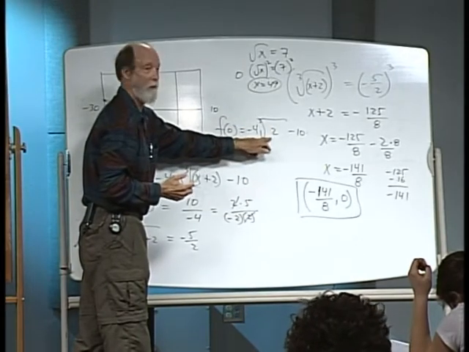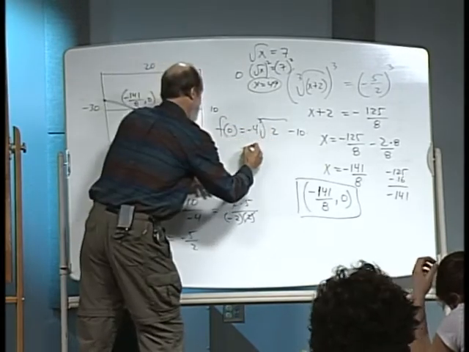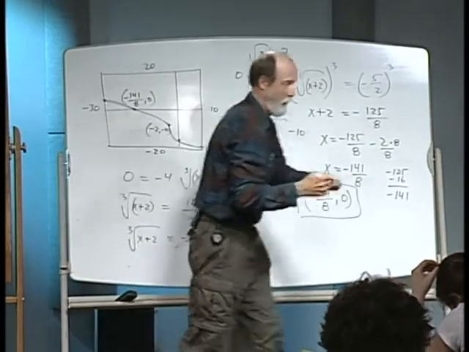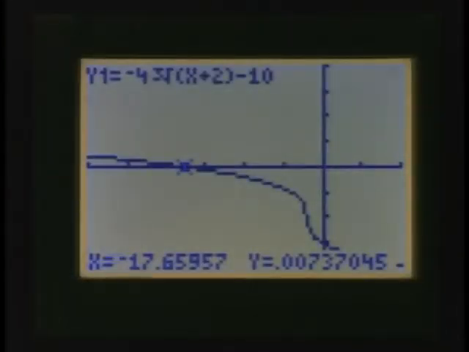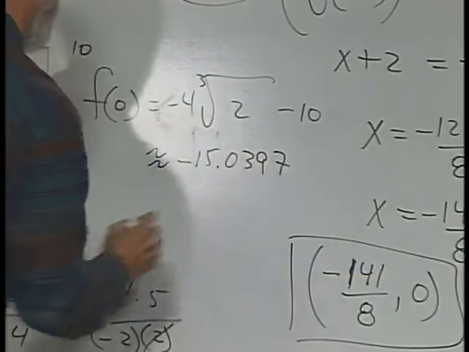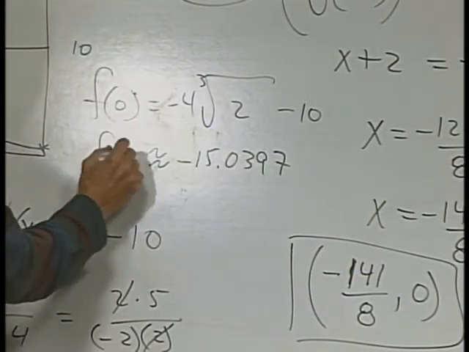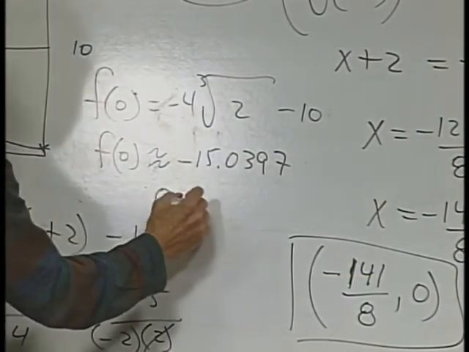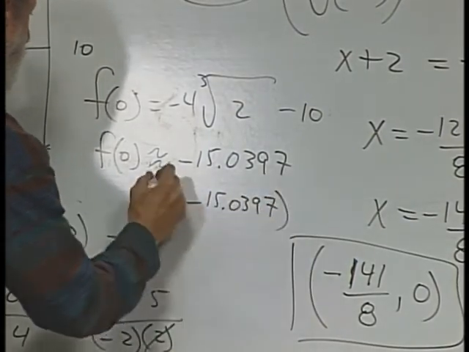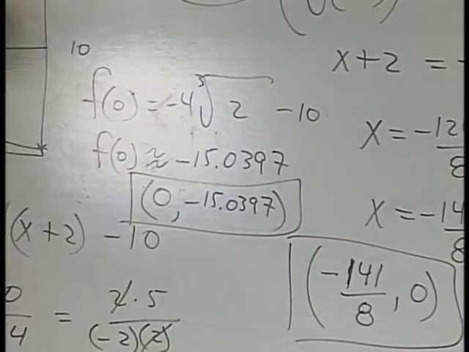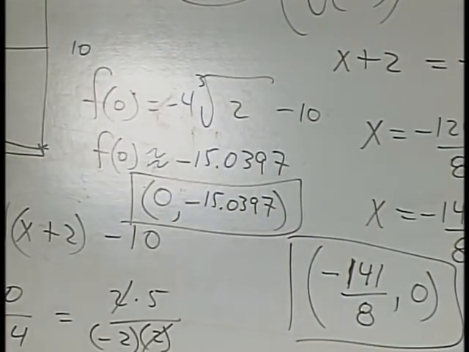This is the exact reading. The approximate reading with your calculator, you don't have to jump to the screen there. You can just put a 0 in. It's minus 15.0397. There's your y-intercept, folks. This point right here.